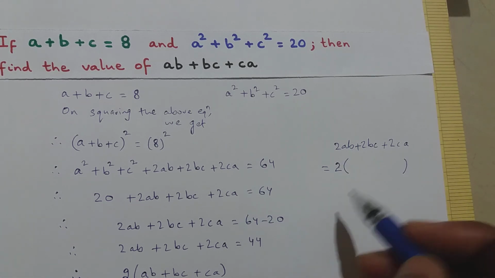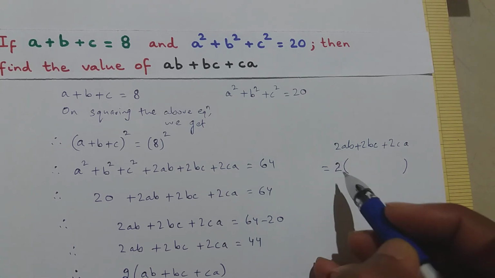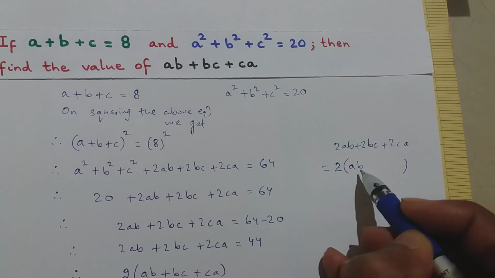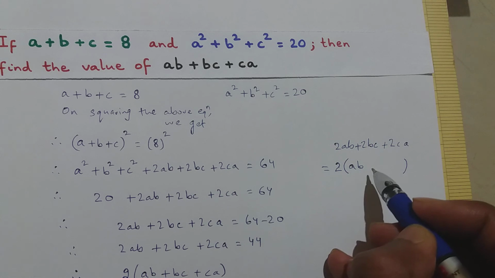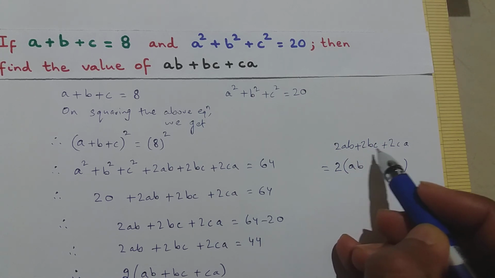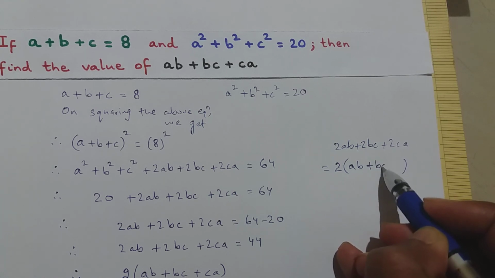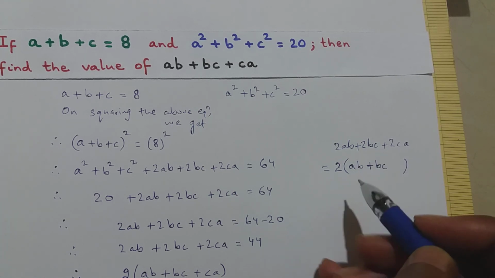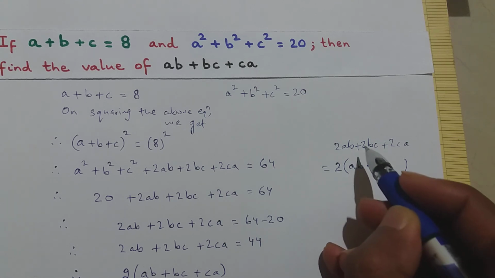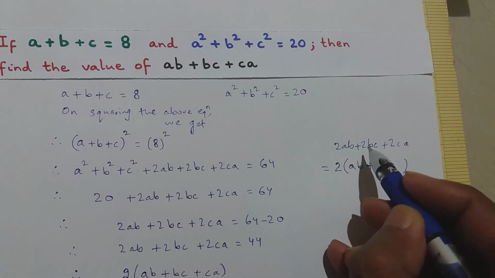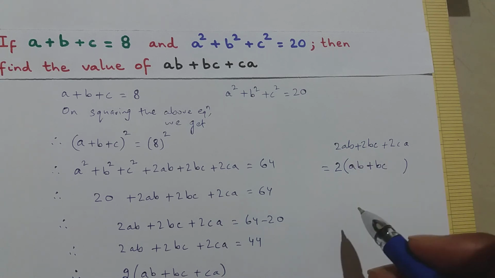Now 2 multiplied to what will give us 2ab? 2 multiplied to ab gives 2ab. 2 multiplied to plus bc gives plus 2bc.